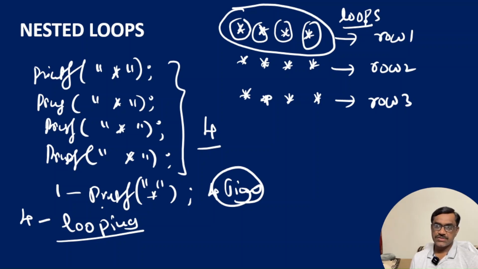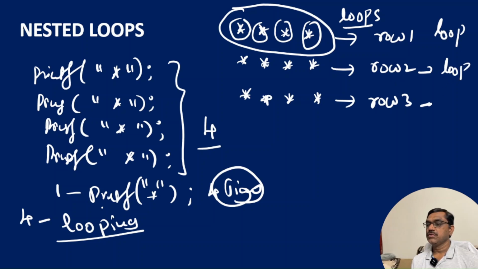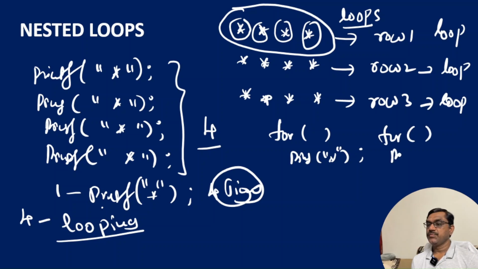This we already discussed. To print row 1, we need, let's assume, one loop. To print row 2, another loop. To print the third row, a third loop. Now, shall we write the program like this? For example, a for loop and one printf star, and another for loop, one printf star.